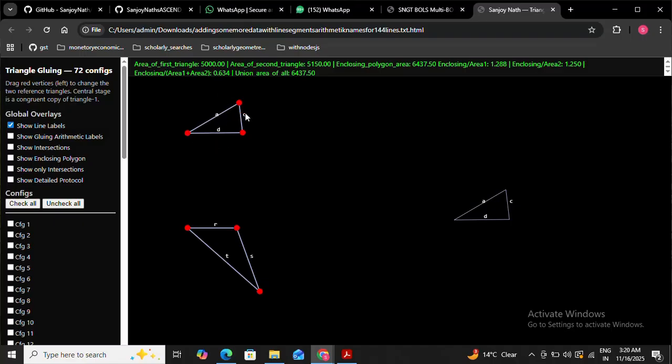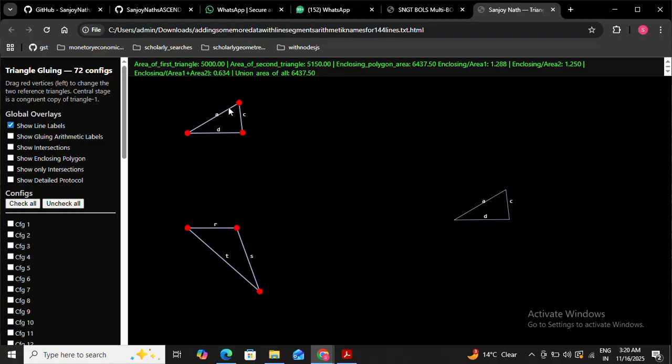We could say it as C by A, that could represent some other real number. We could say it as C by D, that could represent another real number. We could say that it is C by A, that could be another real number. In this way there are several configurations possible, and we will discuss all those things in separate videos.